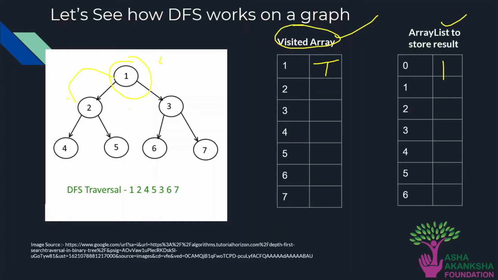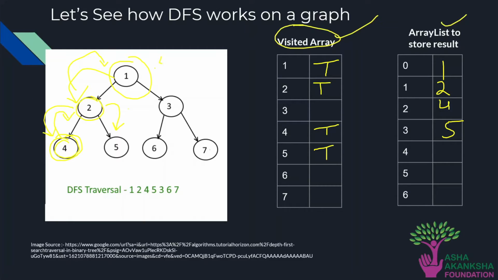Now as we explore 2, we will mark it as true and add it to the result array, and then exploring the branch as far as possible, we will explore 4, mark it as true and add it to the result array. As 4 does not have any vertex connected to it, it will backtrack, then we will be at 2, then 2 will explore its other branch which is 5, mark it as true, adding it to the result. Then we will be back to 1.